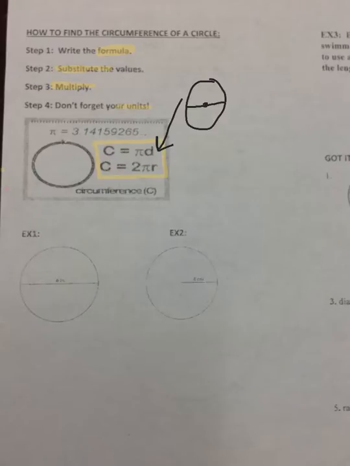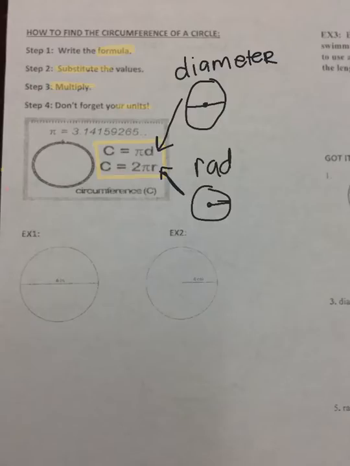So we would only use this one if we're given the diameter. If we're given a radius, which is the distance from the center to one side, we would use the second formula, because R stands for radius.